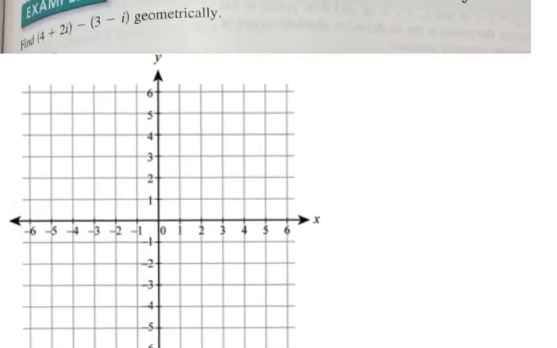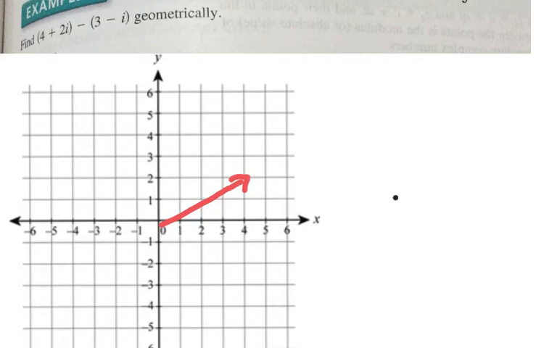Okay, so here we are subtracting complex numbers. 4 plus 2i minus 3 minus i. So let me show you geometrically what that looks like. So if I go to 4 plus 2i, it's going to be this vector here.